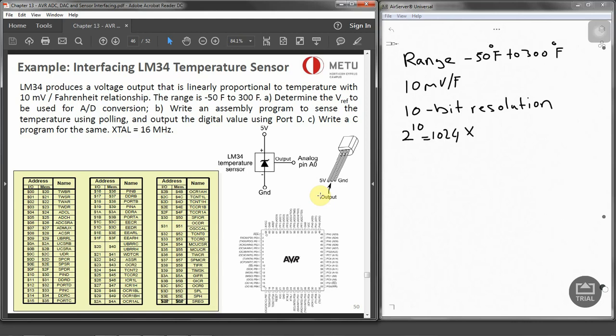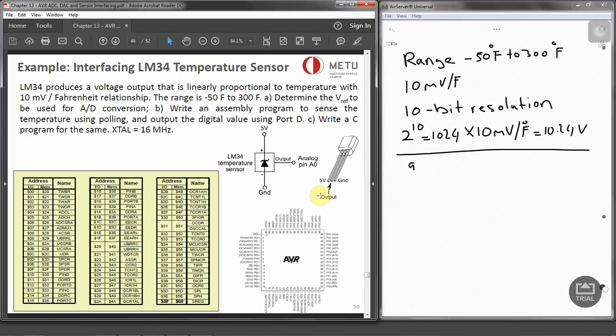Then that has to be multiplied by 10 millivolts per Fahrenheit, and this will end up at 10.24 volts. Now, this voltage is outside of the ADC range with any of the ATmega128 reference pins. So we cannot use 10-bit resolution.